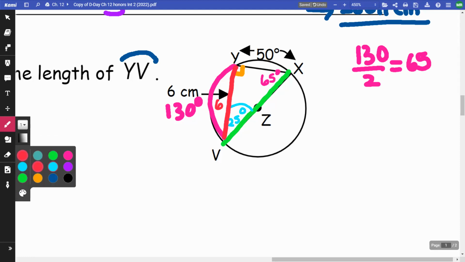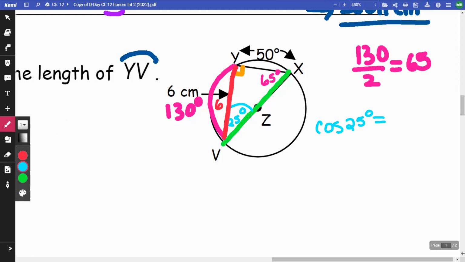So if I'm using my 25 degrees, I am going to do cosine of 25 degrees is equal to 6 over, I'm just going to call this Vx, the length of Vx. So the length of Vx is going to equal 6 divided by cosine of 25 degrees.